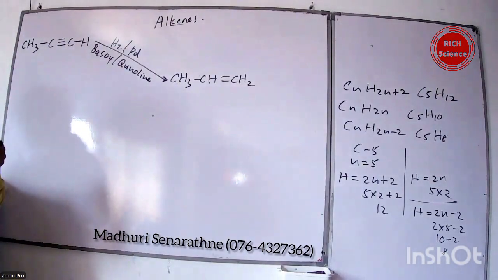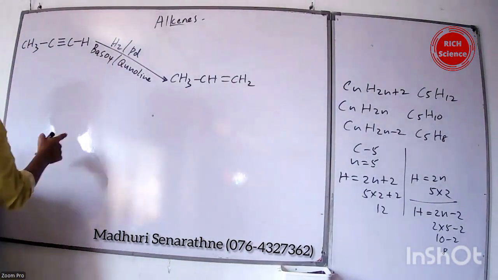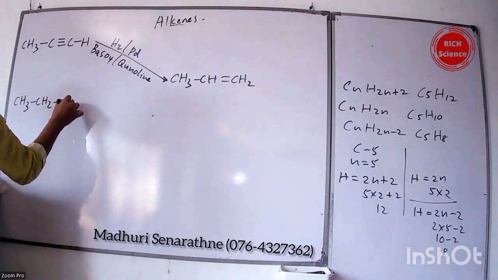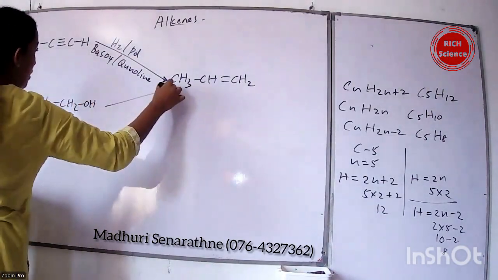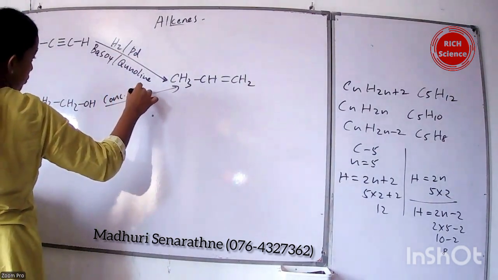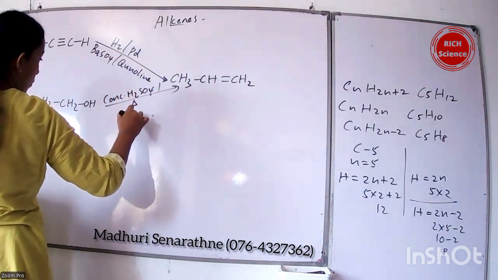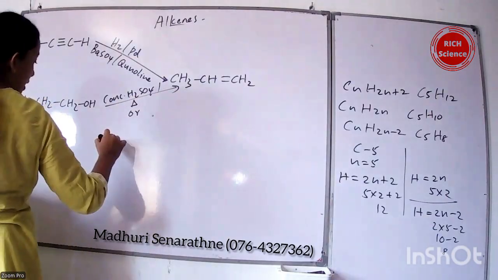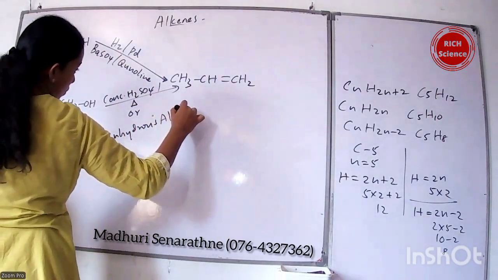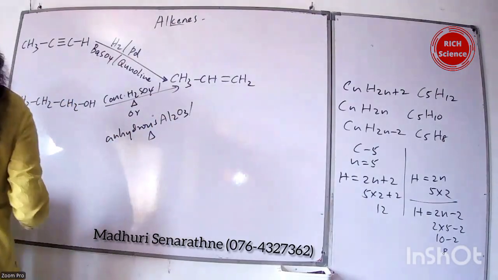Next, an alcohol with the same number of carbons: CH3, CH2, CH2, OH. We can use two reagents: H2SO4, heat, or anhydrous Al2O3, heat.